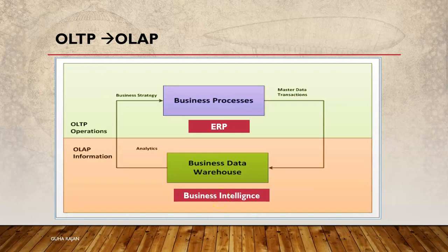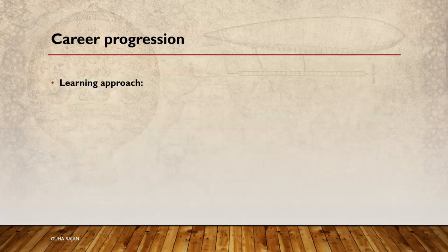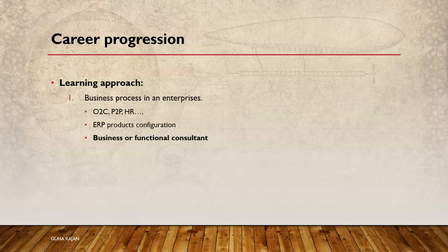And now if you want to learn, how do we go about it? The first thing to learn, the learning approach, is that you need to understand the business processes in an enterprise.